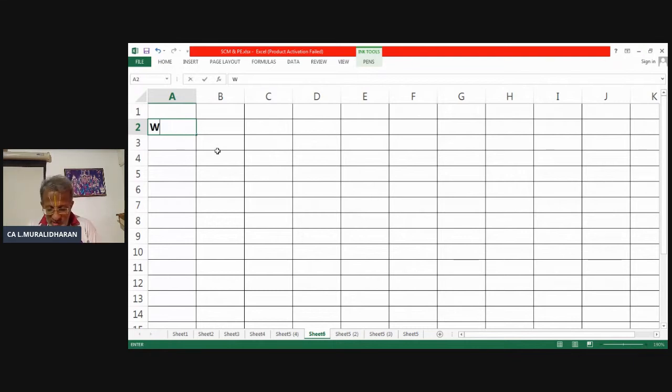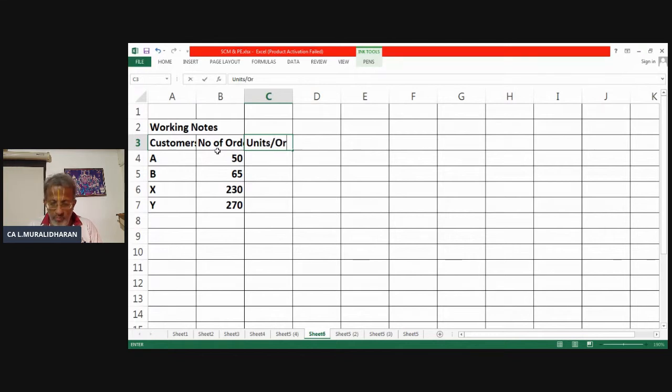First, working notes. Customers A, B, X, and Y. Number of orders: 50, 65, 230, and 270.